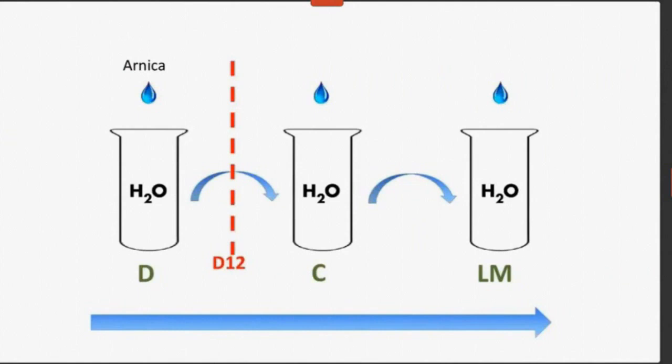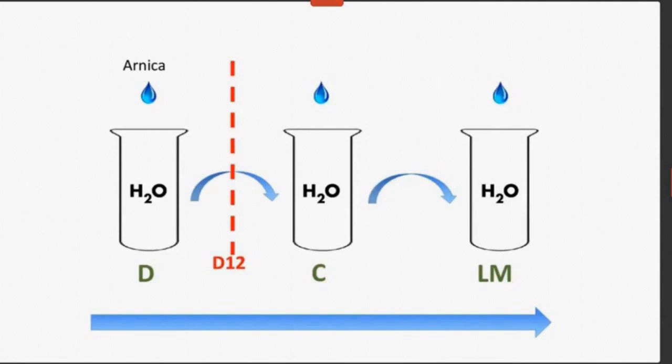Once he had diluted the one drop of arnica in the water, he took one drop of the diluted water and put it in another plain liter of water. He again did the same process of diluting, taking one drop out, putting it into the next container of plain water, and so on and so forth.